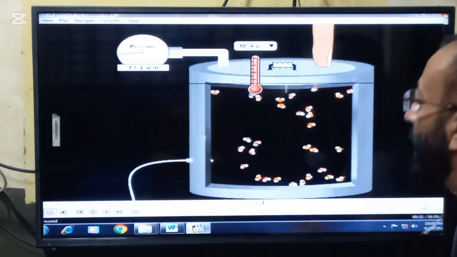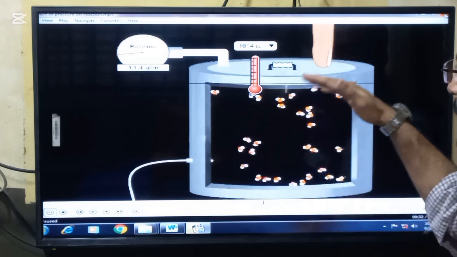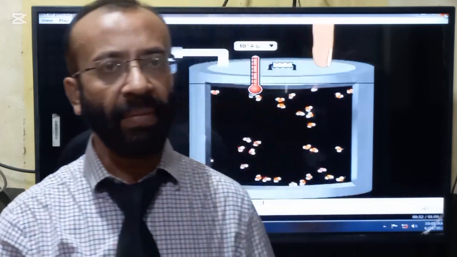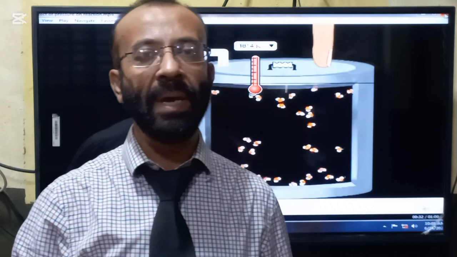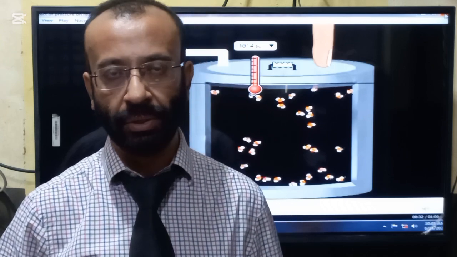The reverse is also applied. When we decrease the pressure, there will be more space available. There will be fewer collisions because the particles will be far apart from each other. So this is the simple idea. And this question may come in the ATP paper also.